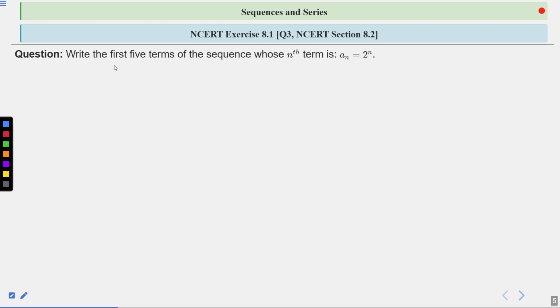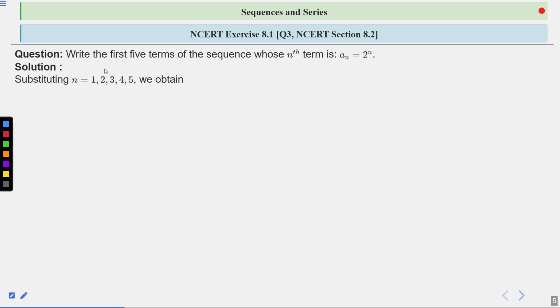This question. Again, write the first 5 terms of your given sequence. The nth term is simply given by an, defined by this rule, 2 raised to the power n. Solution.